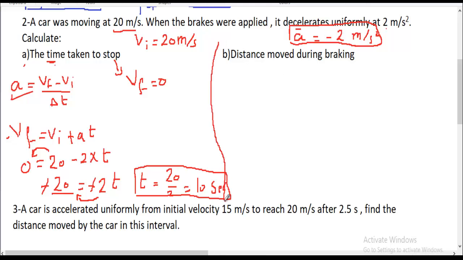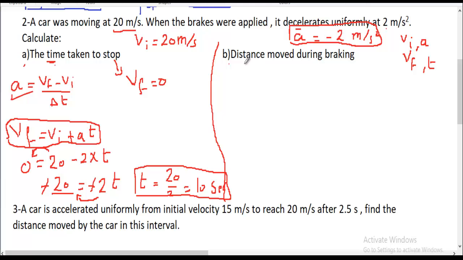For the second unknown, distance moved during braking. Here we used the first equation for the first unknown, and for the second unknown we can use either the second or the third equation, because here we have Vi, we have acceleration, we have final velocity, which is stopping, which is 0, and we have time, so you can use both of them.